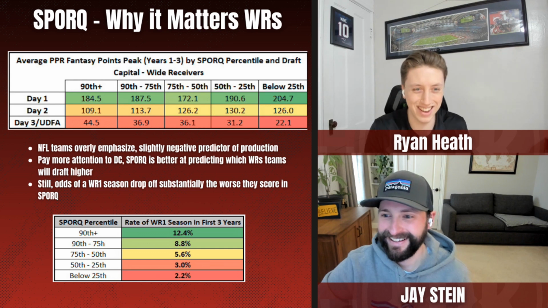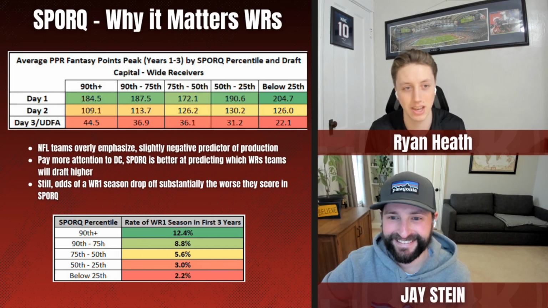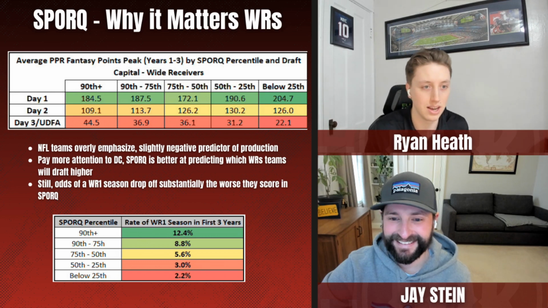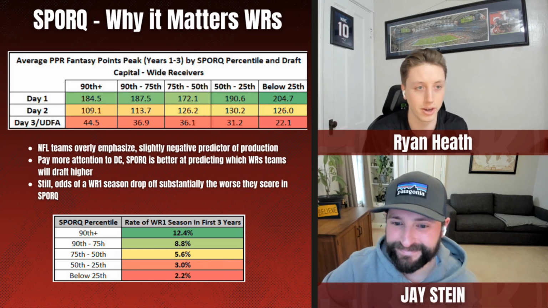But aside from that, I think you can look at this and say, okay, on the bottom, Sporq can clearly predict, at least decently, which wide receivers are going to be drafted higher, because those are the ones having the wide receiver 1 level seasons in their first 3 years.